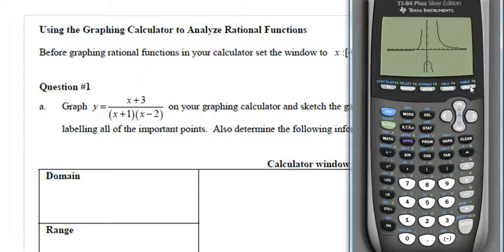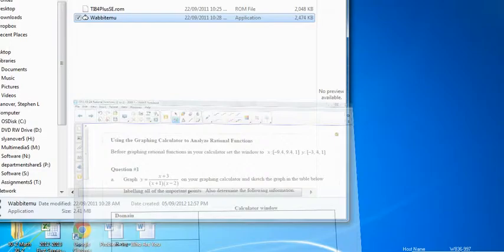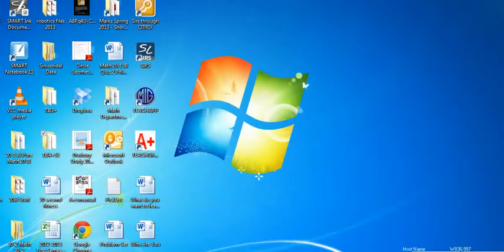Here's what happens if you use the standard window. Nothing exciting. Now that may be a function of the calculator, so let me try the TI-83.